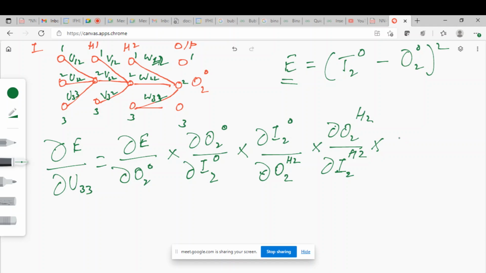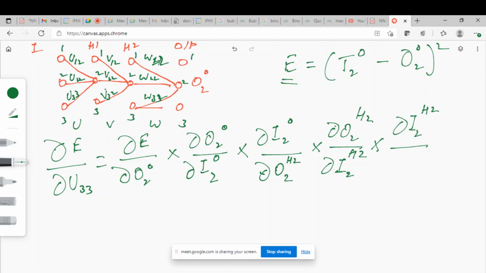And now this input depends on what? What should come here? Only I2 H2, right? No, which weight are we differentiating with respect to? U33. Okay, this is U, this is V, this is W. Only when you come to this level should you think about weight.